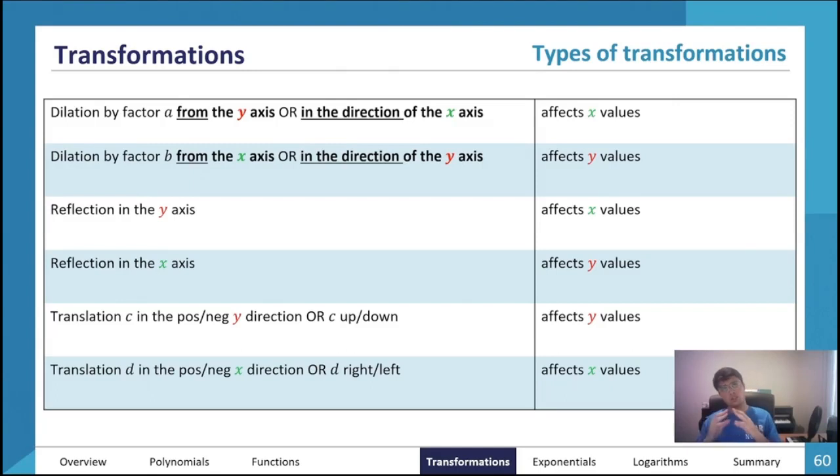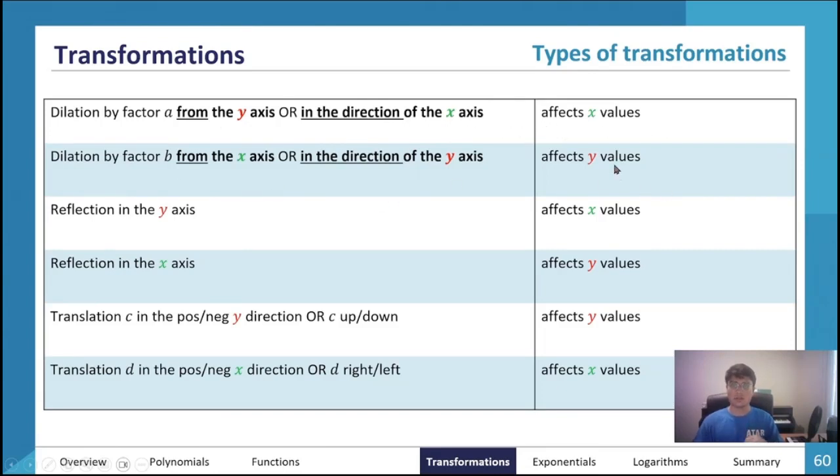So if you think about the original equation, you have a particular graph. If we dilate it from the y-axis or in the direction of the x-axis, we're stretching it out, or we're squeezing it horizontally. And because we're moving it in some way horizontally, that means that the x values are going to change, but the y values are going to remain the same. So remember, if we're dilating from the y-axis or in the direction of the x-axis, we affect the x values.